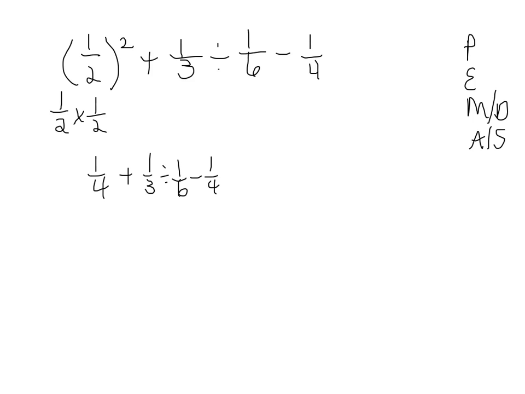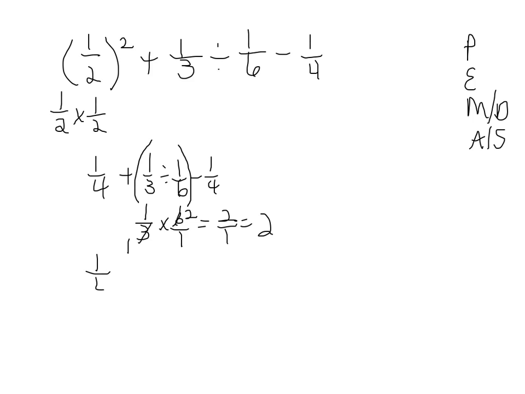No parentheses, no exponents. Multiplying and dividing. There's only one division problem right here. We need to rewrite it as 1/3 times the reciprocal of 1/6. Cross simplify. 1 and 2. Multiply across the top. Multiply across the bottom. What do you get? 2.